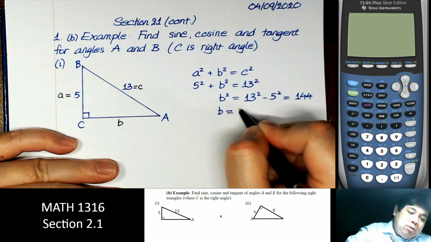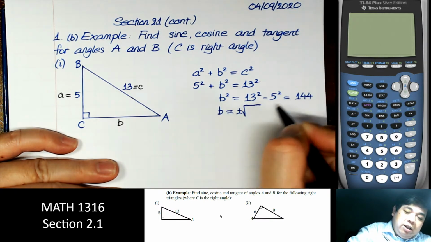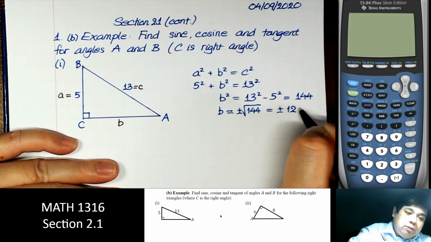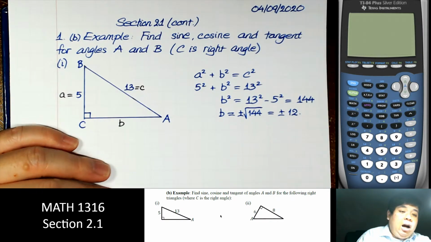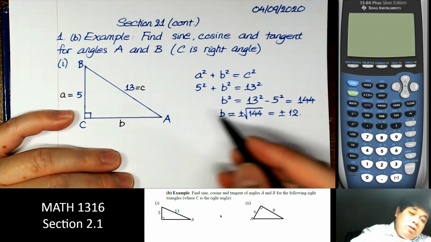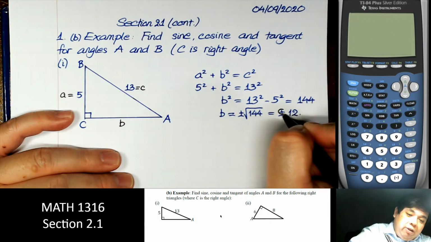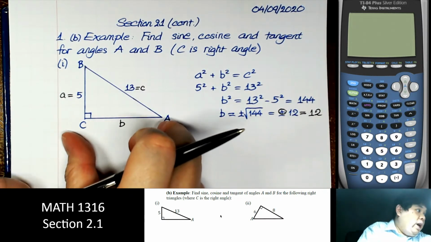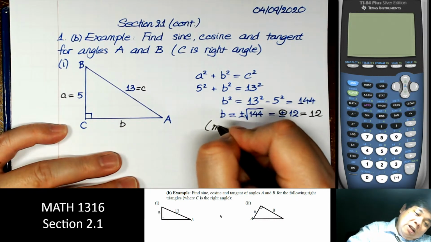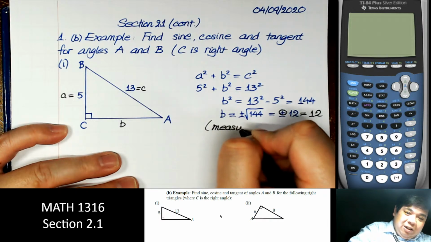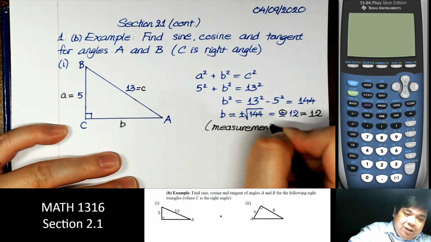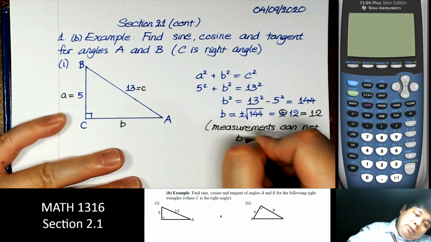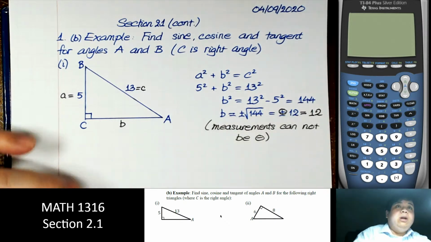For b, it is plus or minus the square root of 144, which is plus or minus 12. However, this is a triangle, so we only take the positive value, because a side of a triangle, a measurement, cannot be negative. So let's take positive 12.